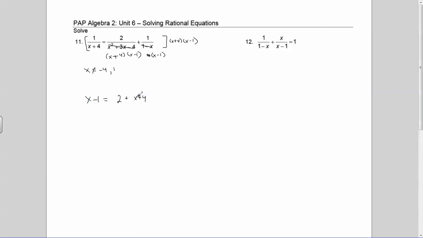So here, our x's, if we subtract x on both sides, those go to 0, so we end up with negative 1 equals 6. And we know that negative 1 does not equal 6, so if we have a solution like this that is false, then we have no solution. So no solution is the answer.